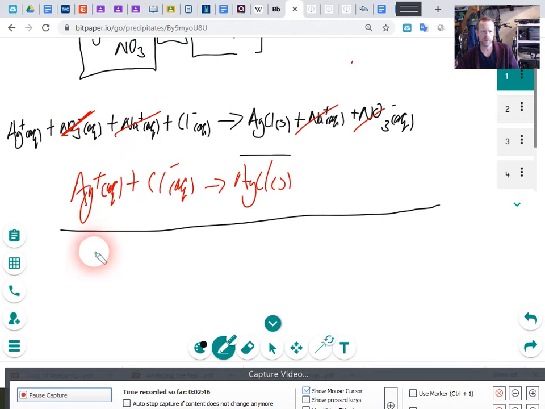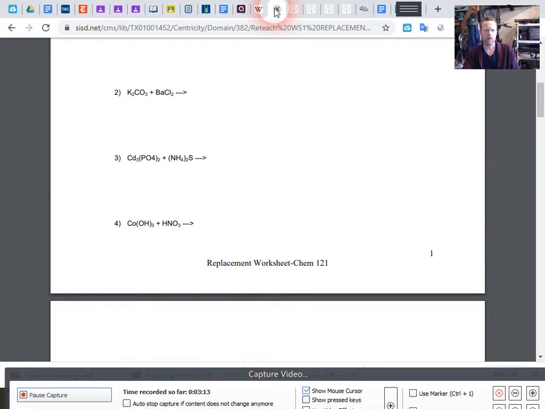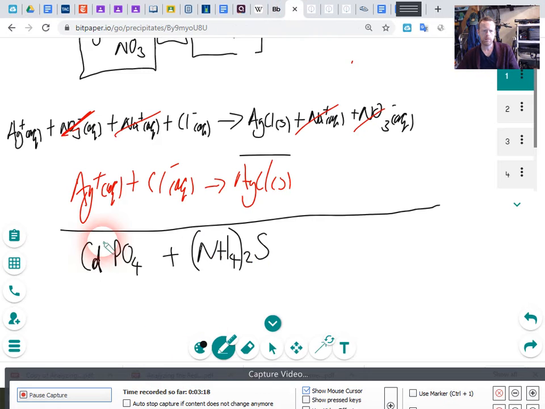Cadmium phosphate plus ammonium sulfide. So that'll be NH4 2S, charge of +1, charge of -2. Cadmium, so it's Cd, and then charge might be 2. Yeah, charge is 2. So that's a 3 there, and this is a 2 here.